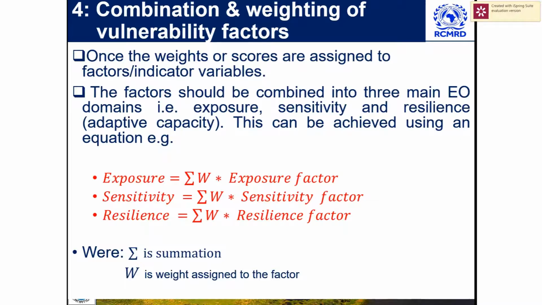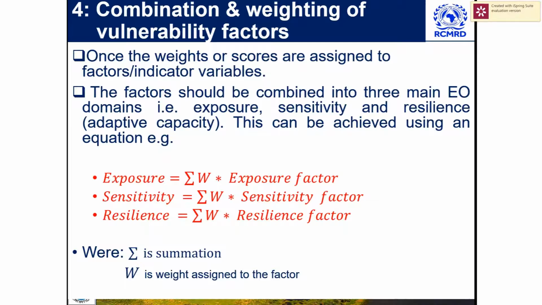The factors are meant to be multiplied with the domain, and then you conduct an addition. As you saw previously, exposure data sets were quite many. So after generating the weights for each individual exposure data set, you multiply it by its weight, and then conduct a summation of those factors to create an exposure layer.